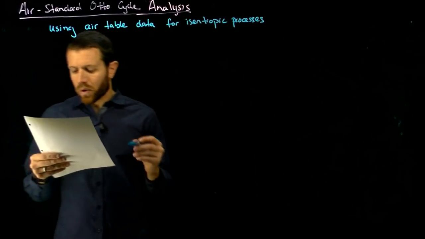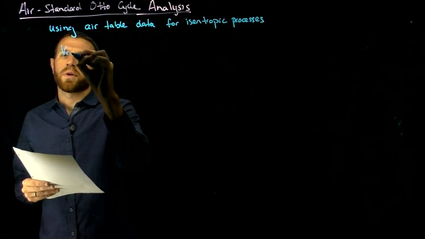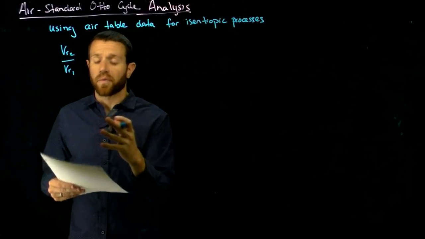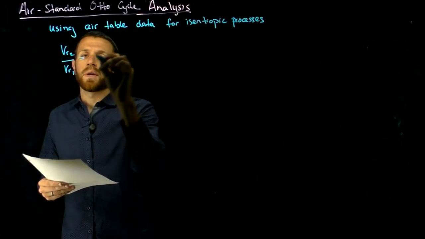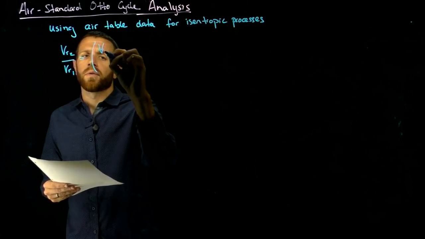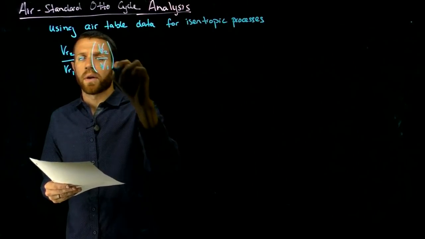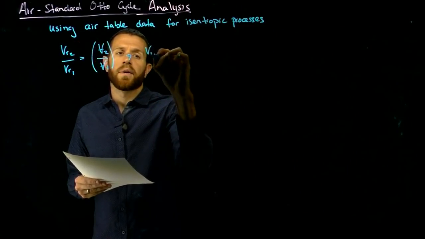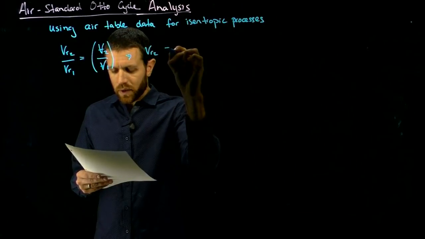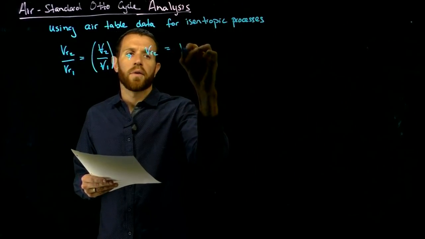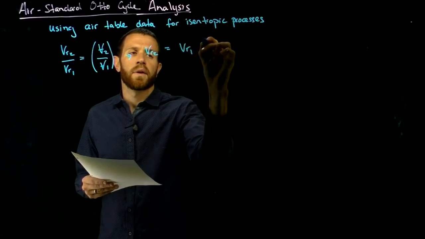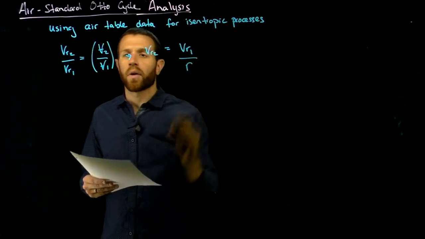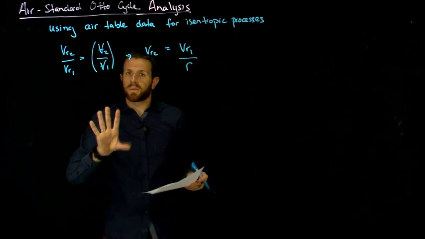Okay, so recall that vr2 over vr1, which both of these values come from the ideal gas table, is going to be equal to the ratio of V2 over V1. So I can say that vr2 is equal to vr1 times 1 over r, and you say, oh wait, where does r come from?